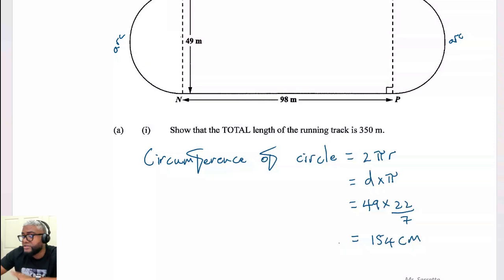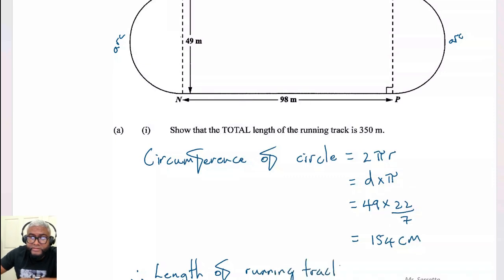So therefore, the length of running track would be equal to 154, which is the two semicircles, the arcs, plus 98 plus 98.